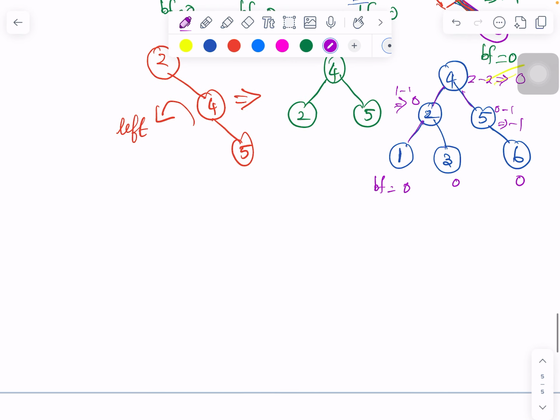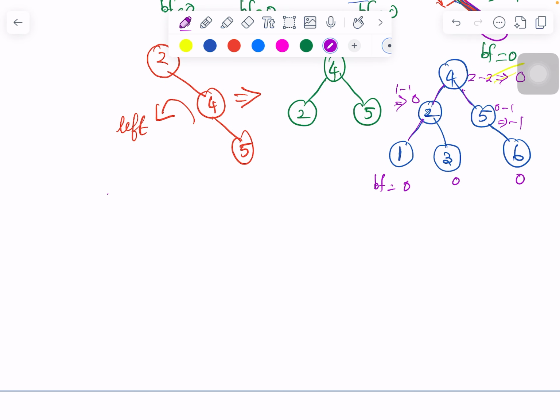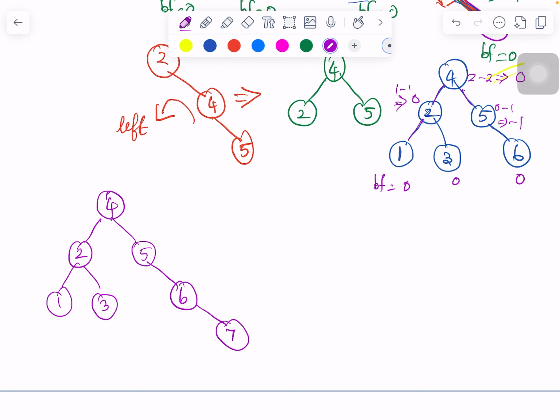Now let us insert the node 7. Now 4, 2, 5, 1, 3, 6 and now 7. Now let us find the balancing factor. So for balancing factor, for 7 is 0. Now for 6 it is 0 minus 1, which is going to be minus 1.